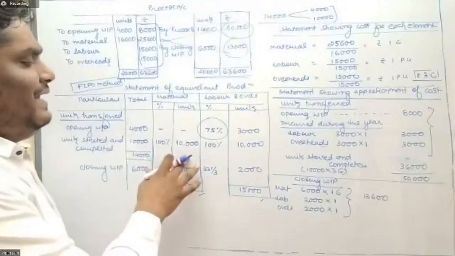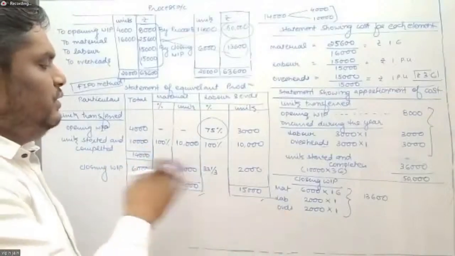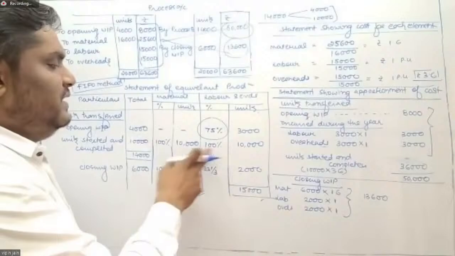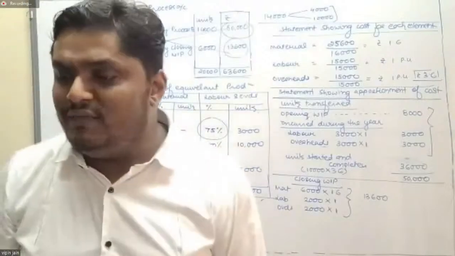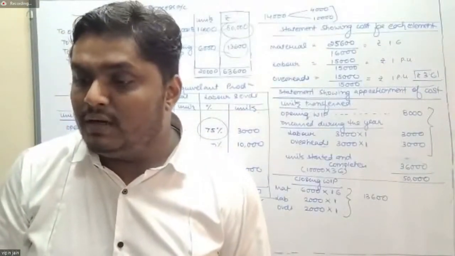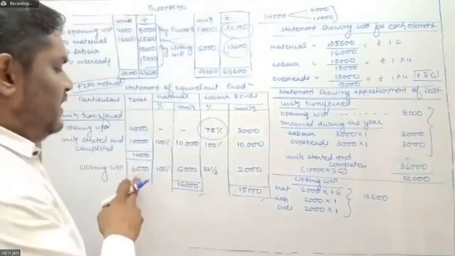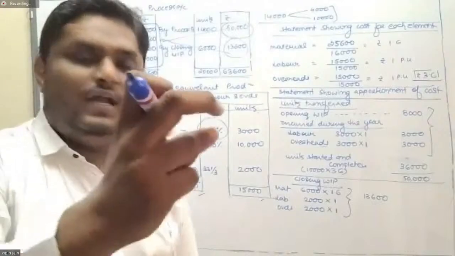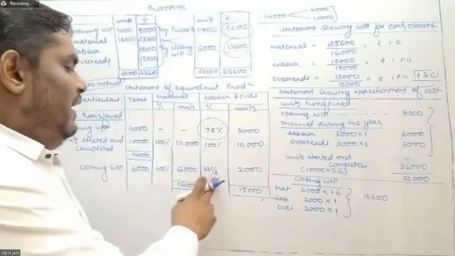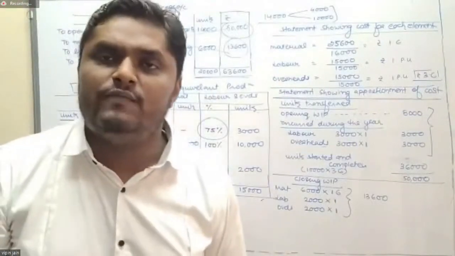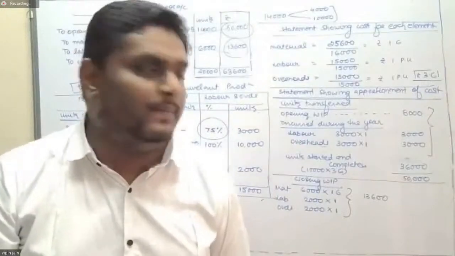Therein units started and completed, they are 100% processed during this year itself. So 100%. As far as closing work in progress is concerned, the closing work in progress is given in the question, that is 6,000 units which are completed. 100% work was done during this year itself, and 33.33% work was done in this year itself in respect of labor and overhead.